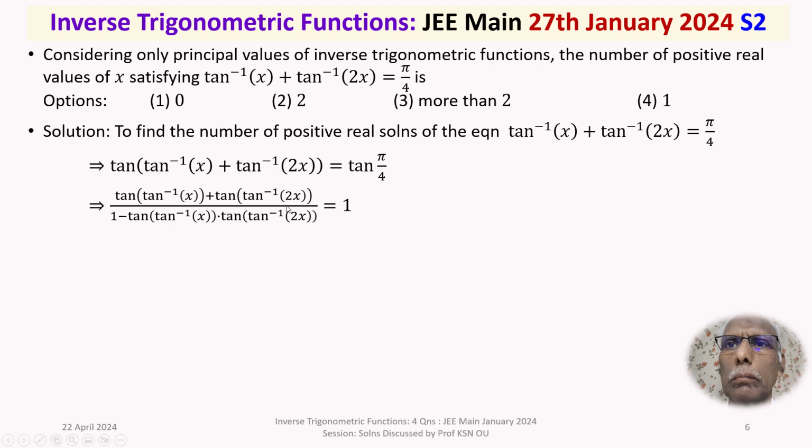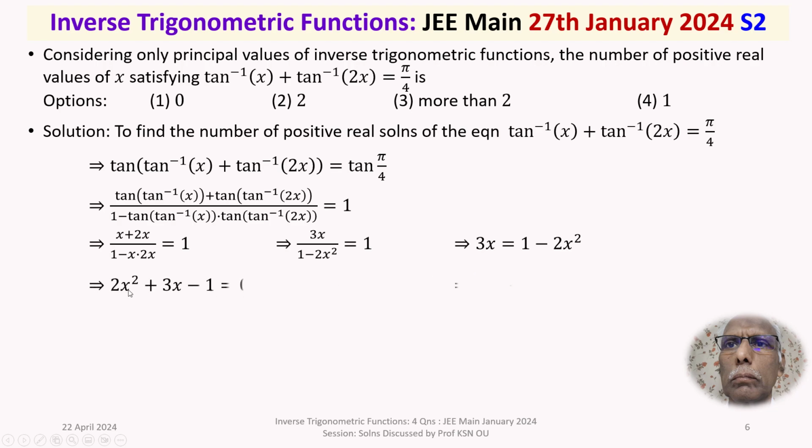You can apply directly also. And you will get x plus 2x by 1 minus x into 2x, that is 1 minus 2x square in the denominator. Now simplifying, we will get a quadratic equation 2x square plus 3x minus 1 is equal to 0.